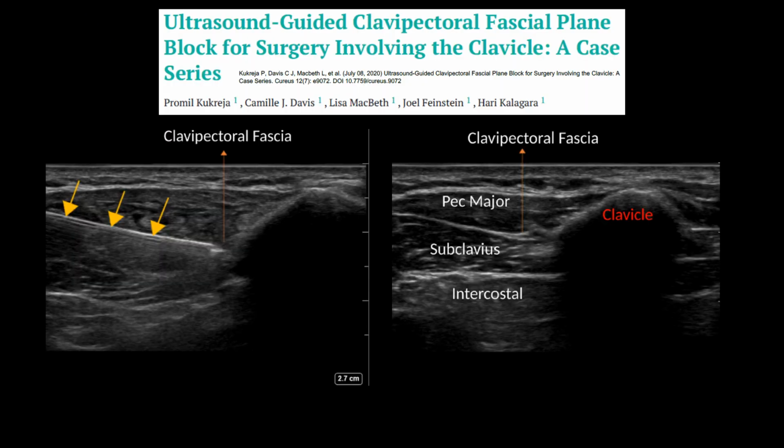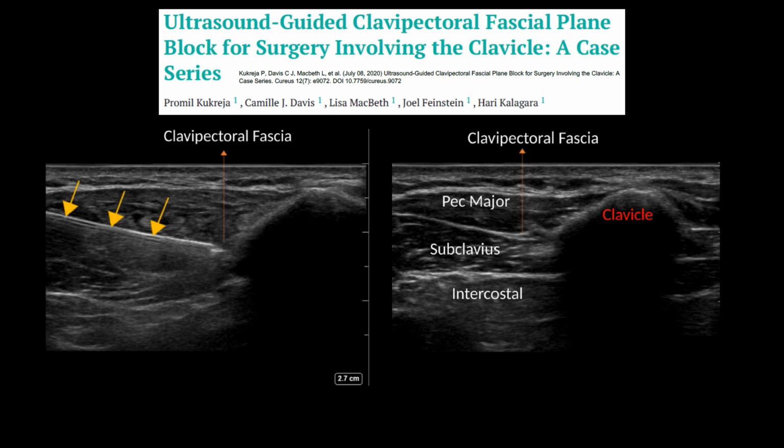Changing topics slightly, we're going after the clavicle instead of specifically the shoulder. And here is an example of a clavipectoral fascial plane block, specifically for surgeries involving the clavicle, whether you're plating the clavicle or you have a patient with a fracture.